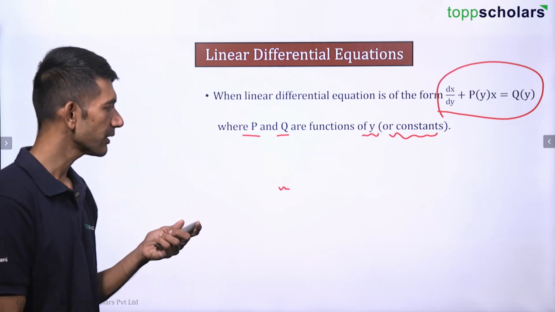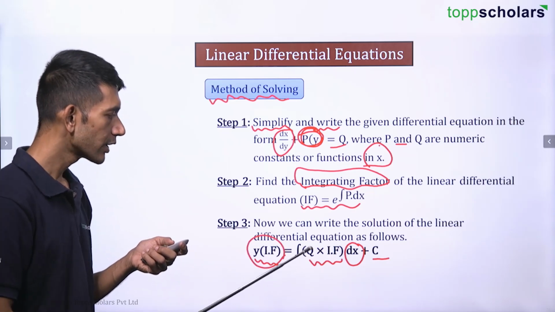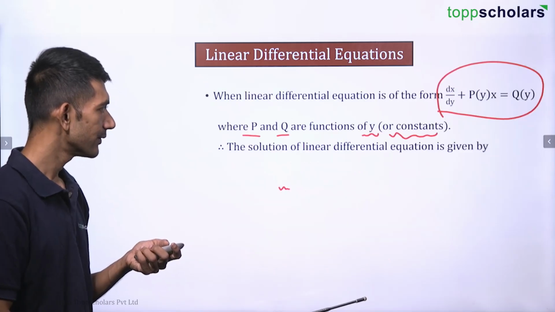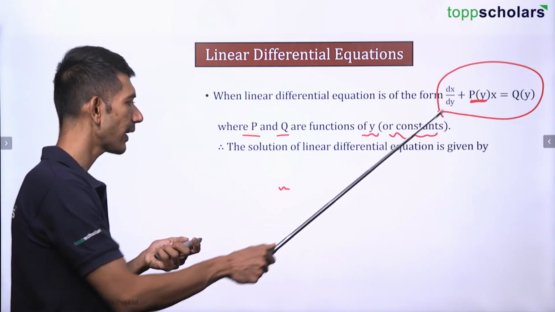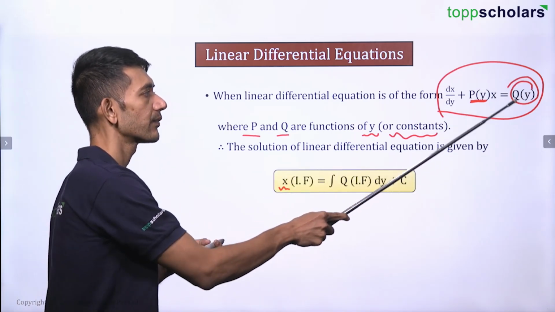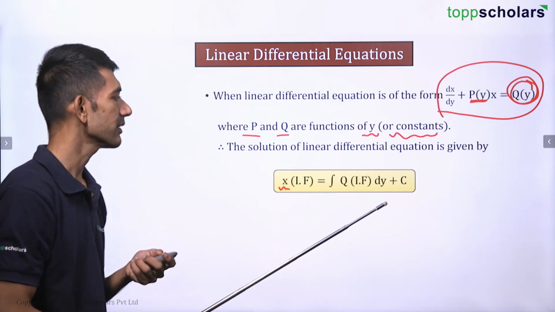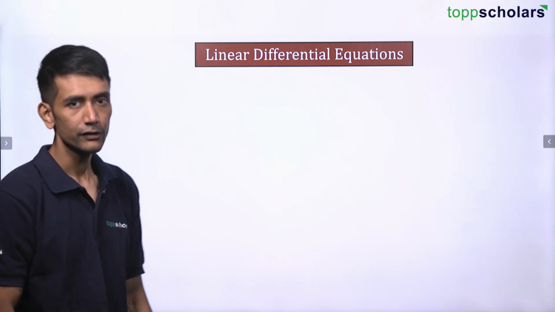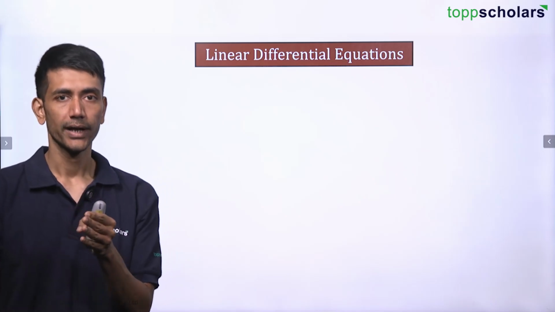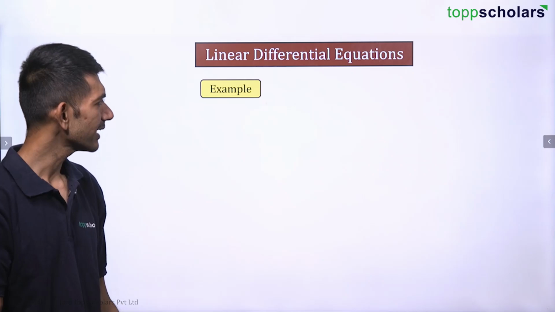If you see the previous slide, this is y into integrating factor is equal to the integral of Q into integrating factor dx plus c, and when we have this function in y, in that case you will have x into integrating factor is equal to the integral of Q into integrating factor dy plus c, right? So this is how we will solve. Depending on the question, you have to identify first P, Q, right? Is P in x, is Q in y or not? Okay, let us see an example.